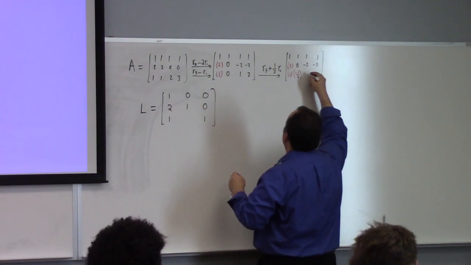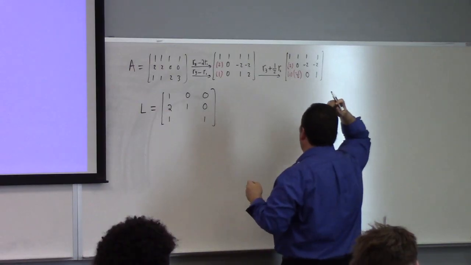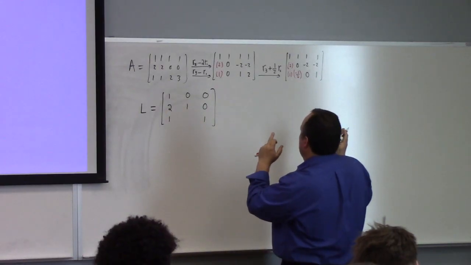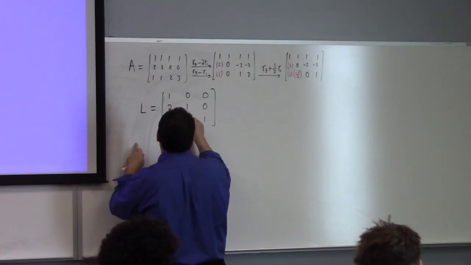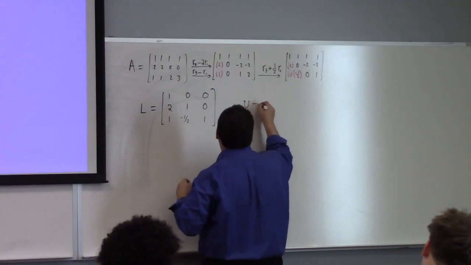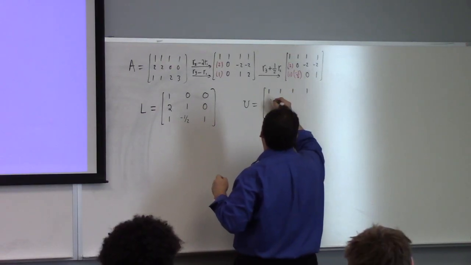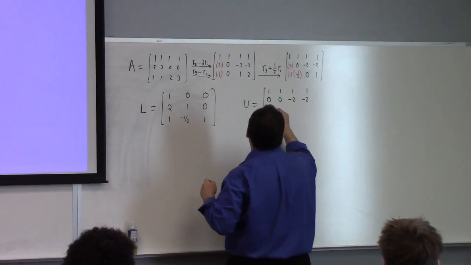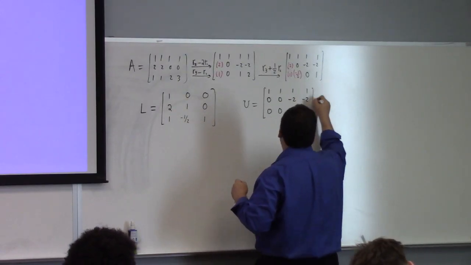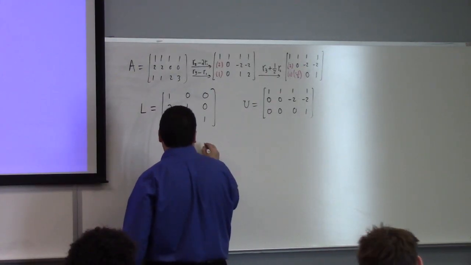What was here? 0, 0. All right. So I think that's it. So I think that puts a minus 1/2 here. And if I'm right, the U is 1, 1, 1, 1, 0, 0, minus 2, 0, 0, 0, 1. And we can check. Is L times U equal to A? I sure hope so.